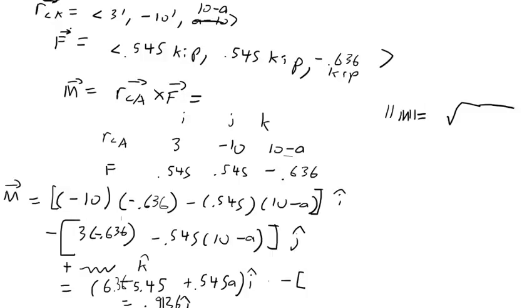Let me just show this in multiple steps, I guess. 0.6363 times 3, negative 1.909, minus 5.45 plus 0.545a in the j direction.